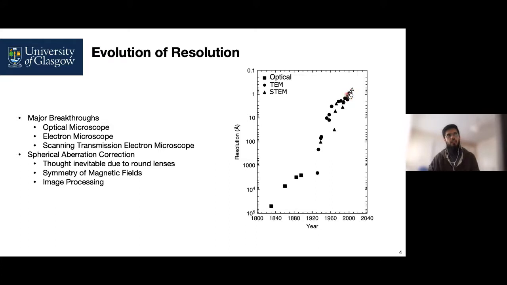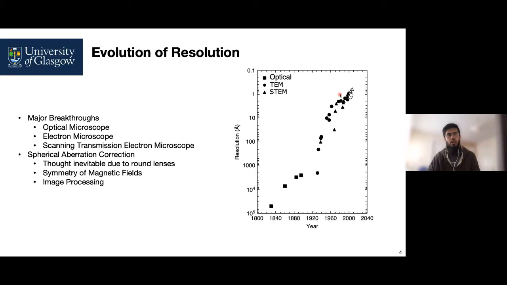The icons or the shapes that you see without the color are basically the ones in which problems inherent to microscopic techniques, such as spherical or chromatic aberration, were starting to be corrected either electronically or through physical means. We also see that this is probably where we have a lot of stacking of developments.